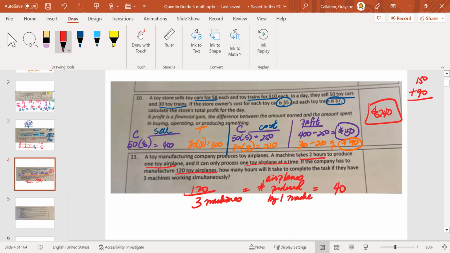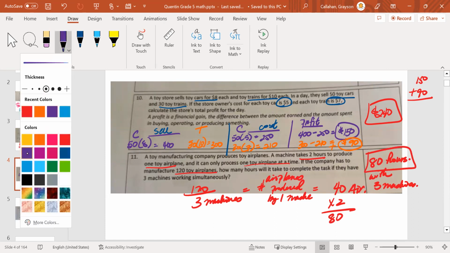So each machine is going to be producing 40 airplanes. If it takes 2 hours each, 40 times 2 is 80. So it's going to take 80 hours with 3 machines. Does that make sense? Is that what you have?